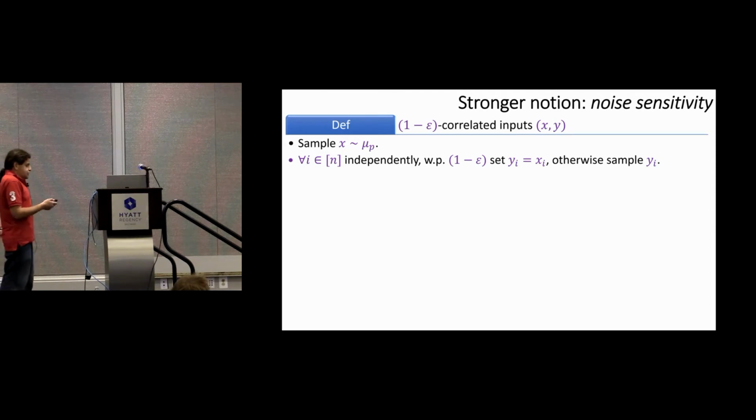The way to do that is, I have some parameter epsilon greater than 0. I sample my point x according to mu p, according to the p-bias measure. Now I sample a point y, which is very correlated with x, simply by keeping each one of the bits of y with probability close to 1, and otherwise picking it randomly, according to a p-bias coin.